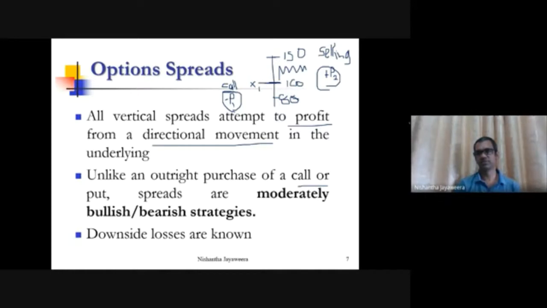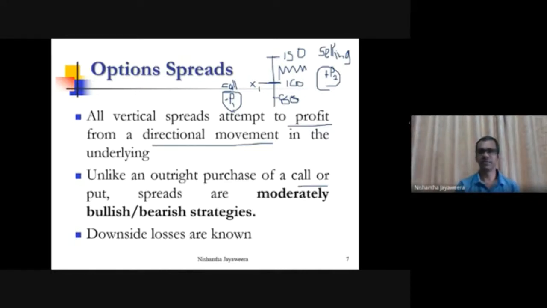So you assume the price will remain in a band. So you buy the lower level call option and sell the high level call option to reduce your cost and maximize your profit. That's the basic idea behind buying an option spread using calls.